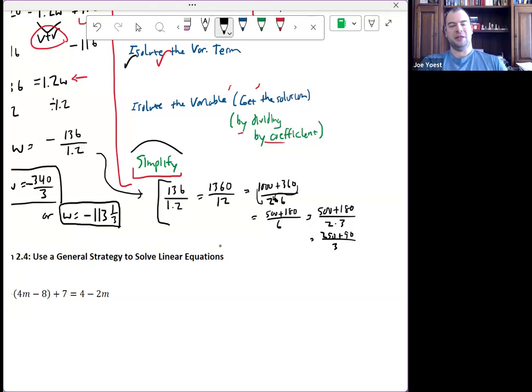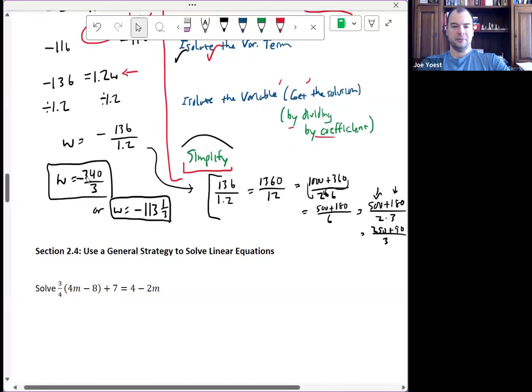That makes it a little more manageable, a little easier to think about. So that's 500 plus 180 over 6. Or that's 500 plus 180 over 2 times 3, and I can divide each of these by 2. That's 250 and 90 over 3, or that's where I got negative 340 over 3, or negative 113 and a third.